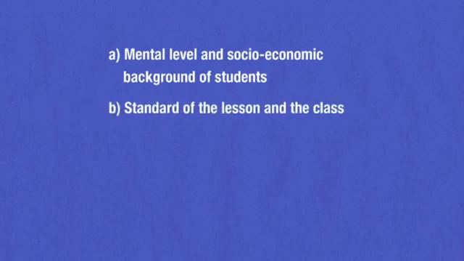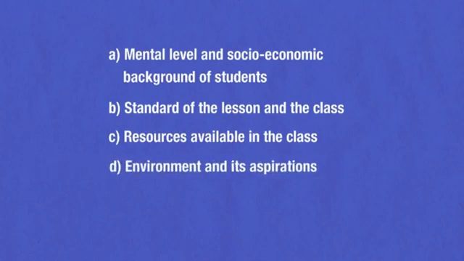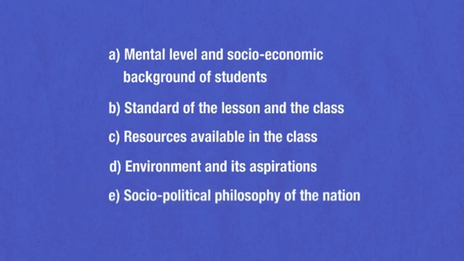A, mental level and socio-economic background of the students. B, standard of the lesson and the class. C, resources available in the class. D, environment and its aspirations. And E, the socio-political philosophy of the nation.